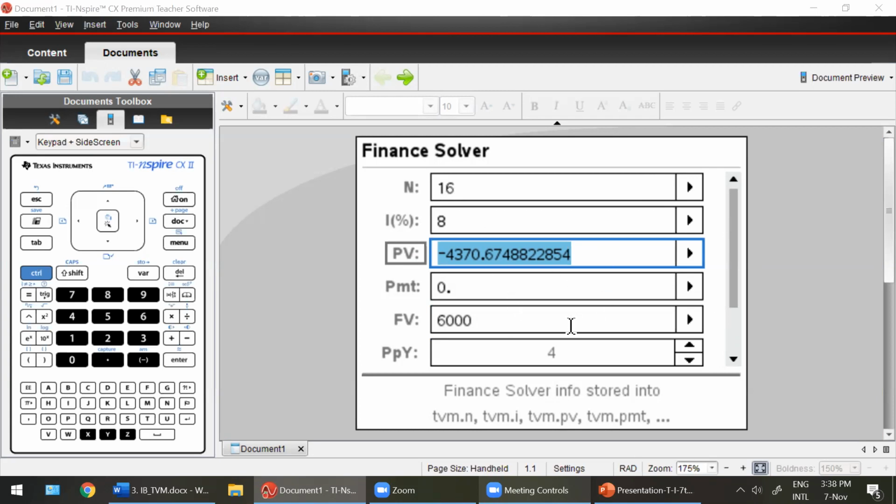So, what does this tell you? What is the story that sits behind these numbers? All these variables tell you a story. This tells you that Corey will need to invest, because there's a negative sign here. That means the cash flow is moving away out of Corey's hands, because the question was relating to Corey.